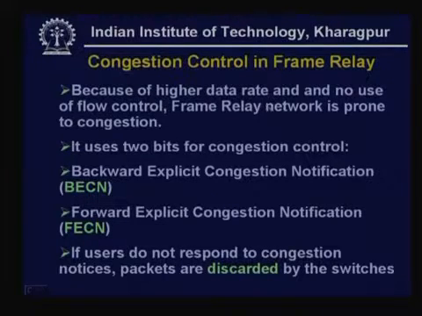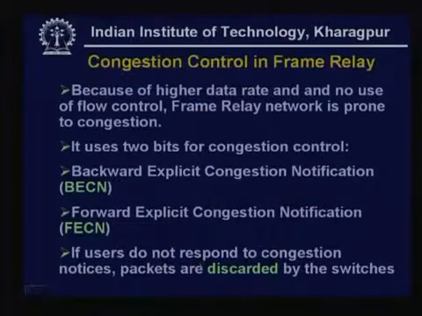Because of higher data rate and no use of flow control, a frame relay network is prone to congestion. As we know, the basic reason for congestion is the bursty nature of data, and frame relay has been designed to support bursty data. Link speed is high. These two factors make it vulnerable to congestion, and as a result it is necessary to have a congestion control mechanism developed for frame relay.